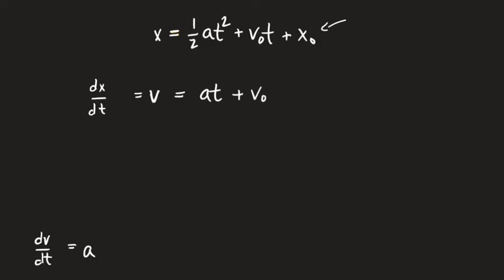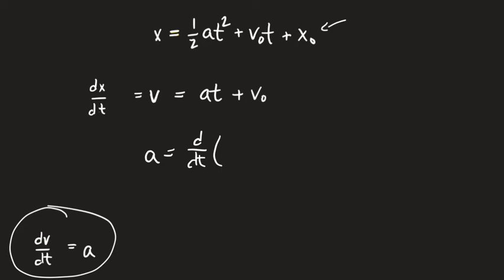More importantly, that continues. The slope of the velocity graph has to be the acceleration. It has to be. So if I want the acceleration, that's got to be d dt of at plus v naught. It has to be. Let's check.